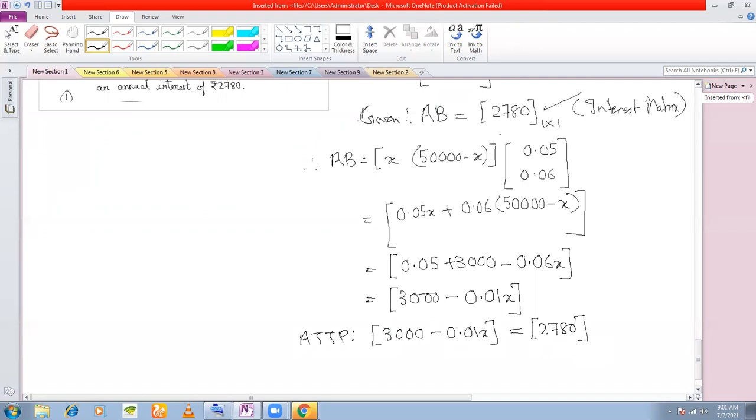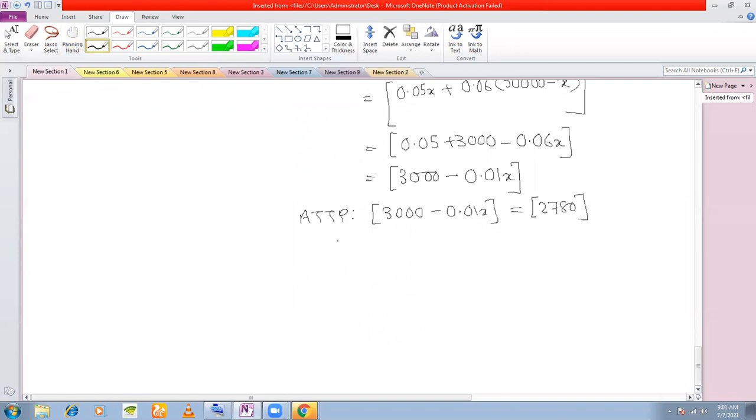This is the interest matrix that is given here. That means I can write 3000 minus 0.01x is equal to 2780, and 3000 minus 2780 is equal to 0.01x.